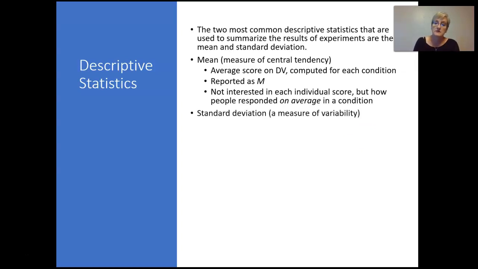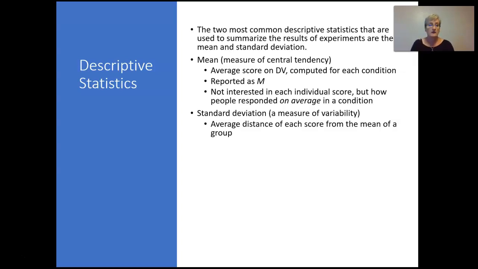Standard deviations are a pretty commonly used measure of variability, and what measures of variability do essentially is you not only want to know what the average score is, but you want to know how spread out those scores are around that mean. So you can have an average, say on a group of test scores in a class, and if most of the people in the class scored right around 80%, and they're tightly clustered, that means you have very low variability.